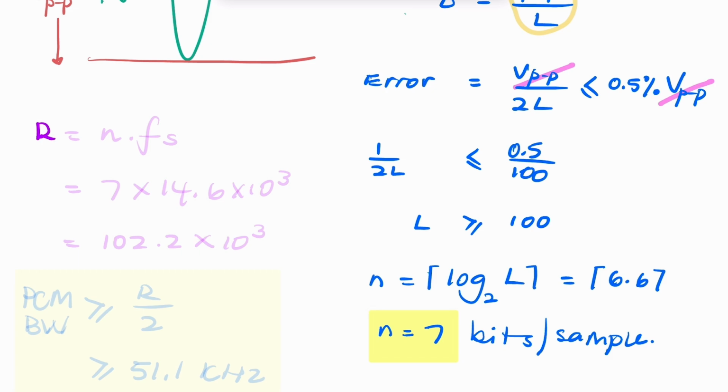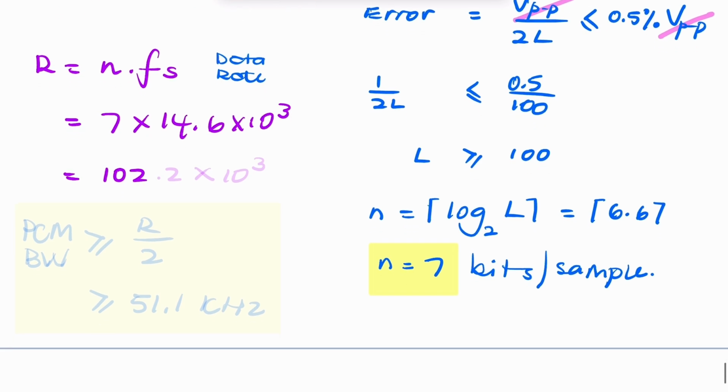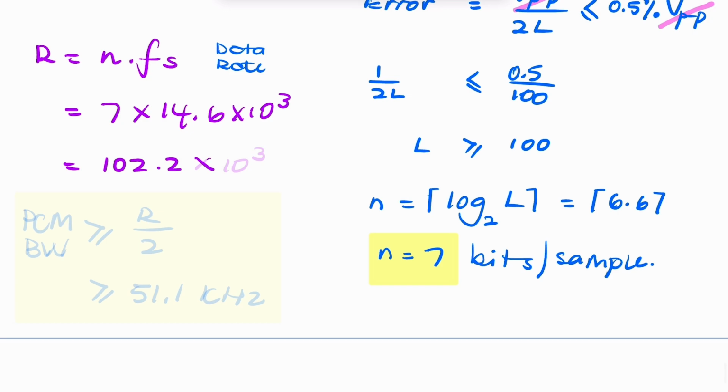So R equals N times Fs. So that's 7 multiplied by 14.6. That's going to give you 102.2 times 10 to the power 3.